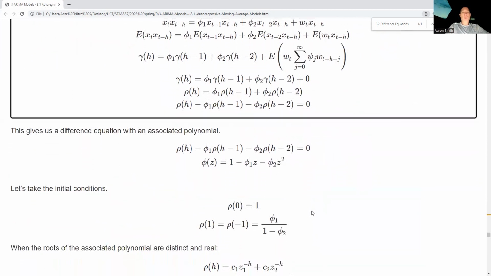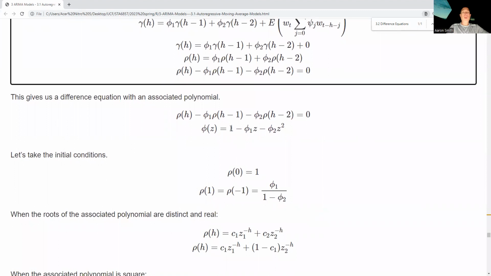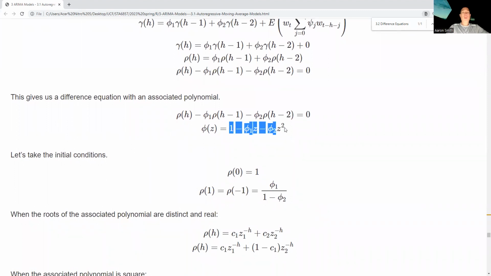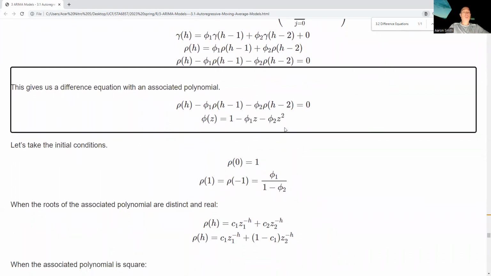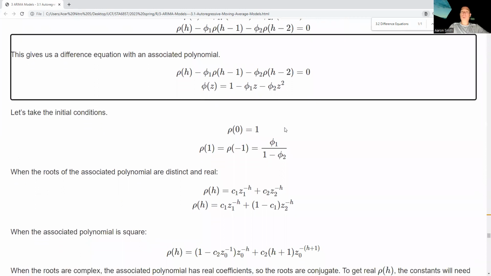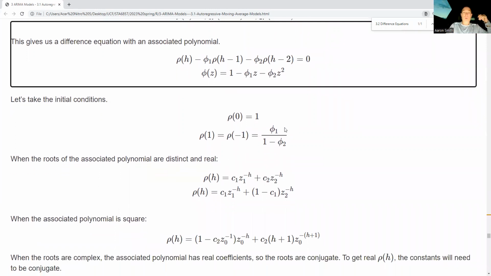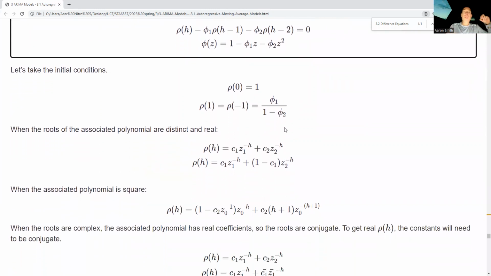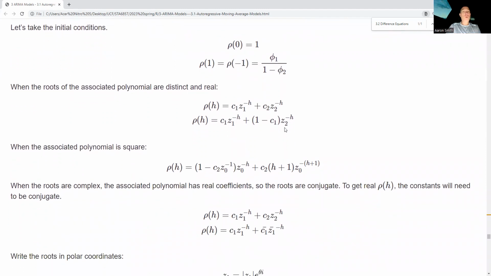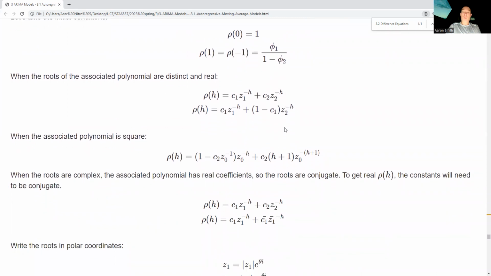Correspondingly, we get a difference equation, and we know initial conditions from things we've worked out, pencil and paper, in previous videos. So then, boom, I know how to work out the details of the autocorrelation just from the associated polynomial and the initial conditions. Now, if we have complex roots, things get a little bit more interesting.